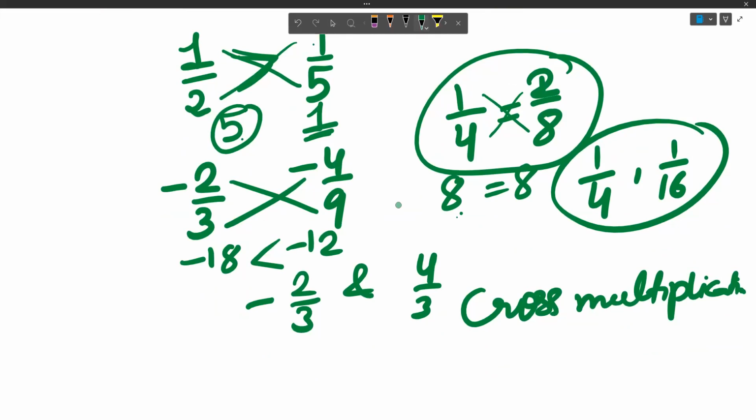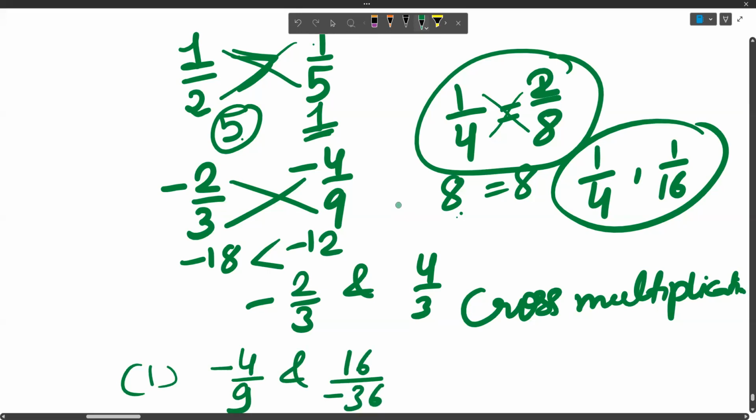Clear, children? So it's very simple. I'm giving you a question. Which number is larger? 4/9 and 16 by -36. Find it.